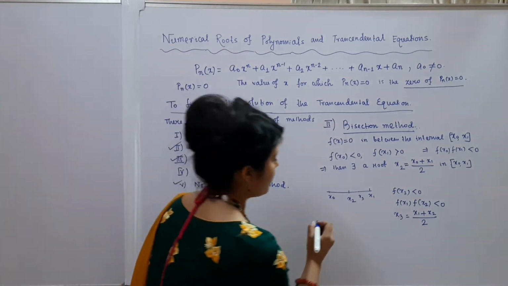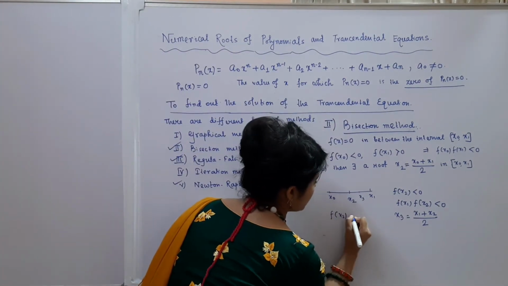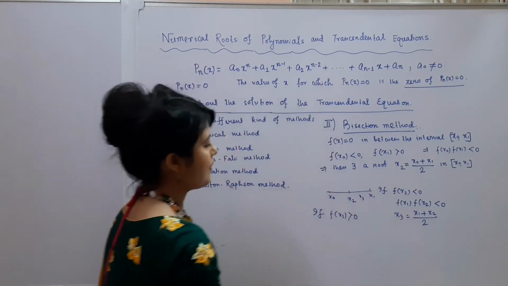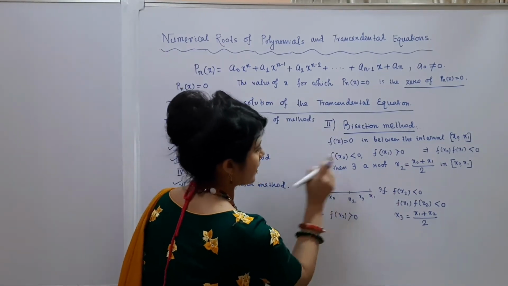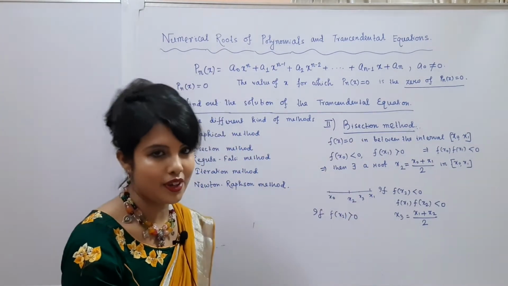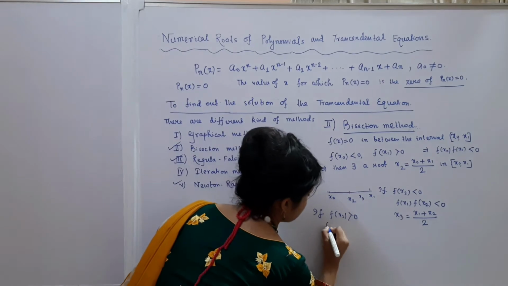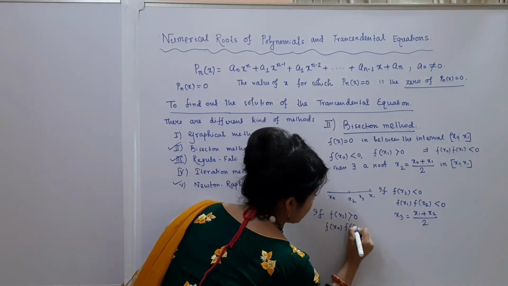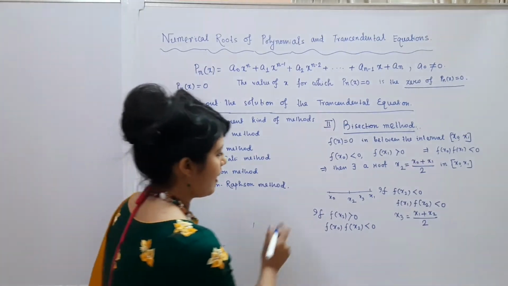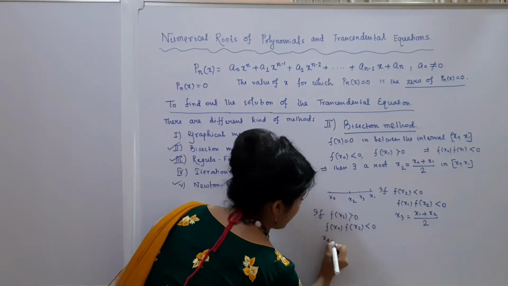Now if f(x2) is greater than 0, then you have to consider f(x0), because then f(x0) and f(x2) are of opposite sign. So f(x0) into f(x2) is less than 0. Then there exists a root x4.